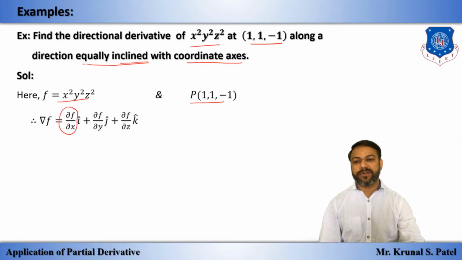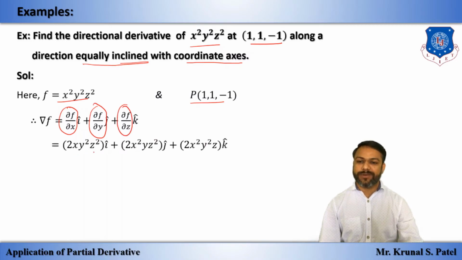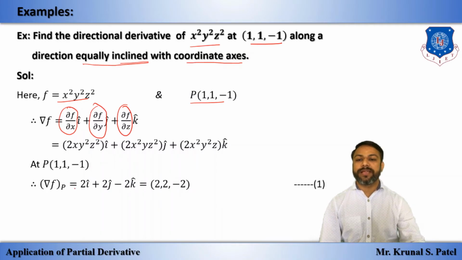We differentiate the given function with respect to x, with respect to y, with respect to z. So we have 2x y square z square, 2x square y z square, 2x square y square z. Now put the value of P, 1, 1, minus 1. We have this vector, which we can write as 2 comma 2 comma minus 2. How this comes from this: we put x, y, z here, here and here.